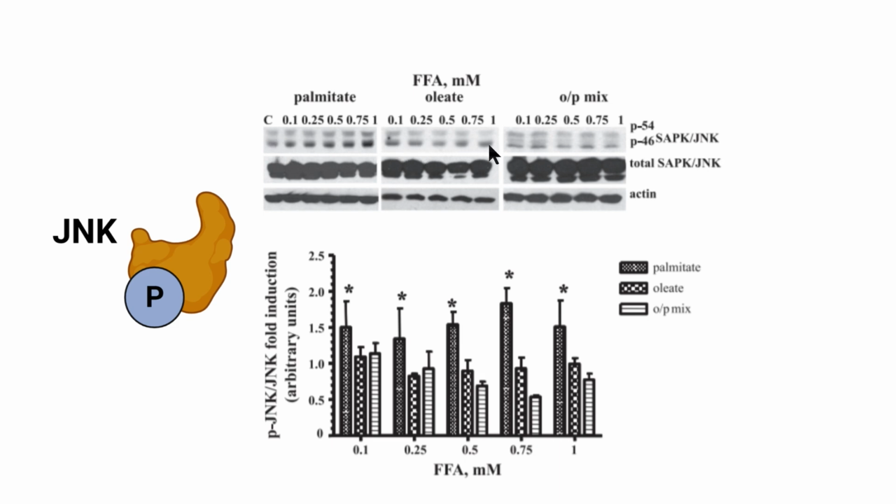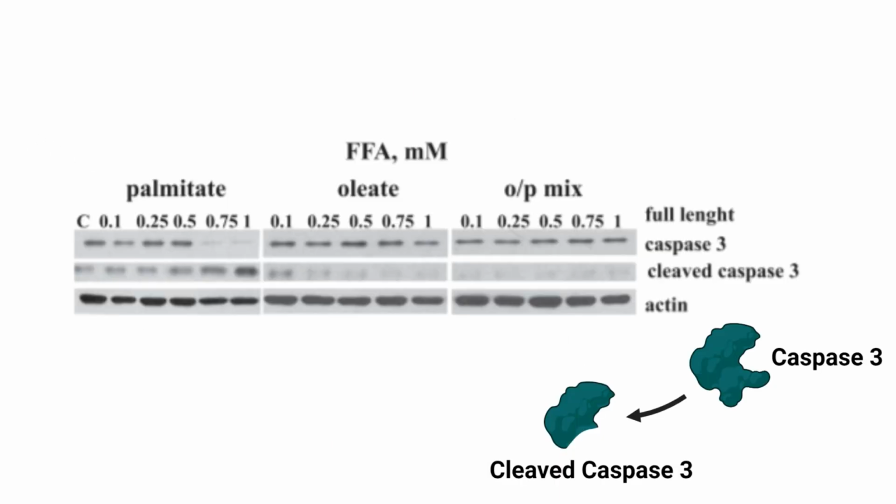And with oleate or with the mixture, they're pretty mild. Sure, you see some phosphorylation because it's there, but it's nothing overly extreme compared to the control. And that's what we find when we look at the graphics. So the graphs, again, show that only the palmitate increases the phosphorylation of JNK. We're going to be returning to that in just a minute.